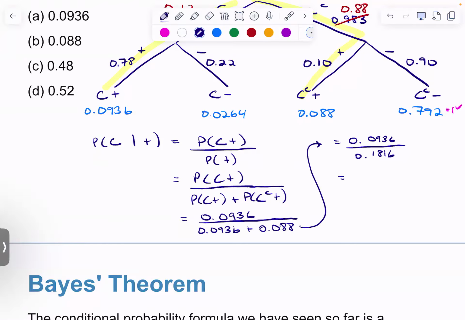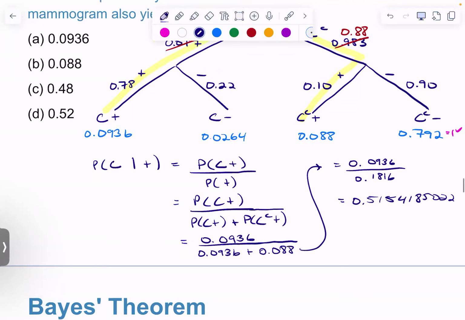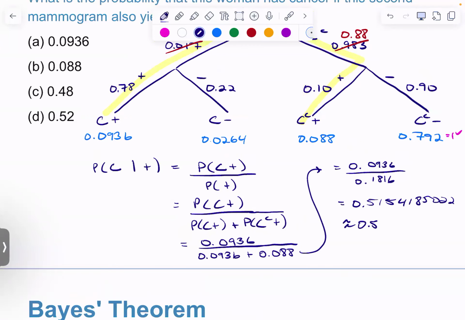We're so close. 0.5154185022, or roughly 0.52.